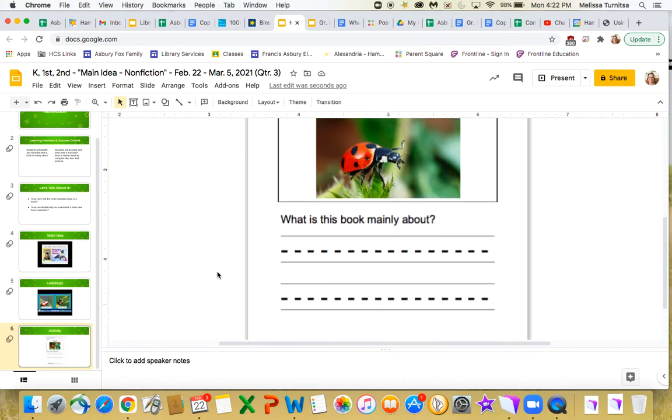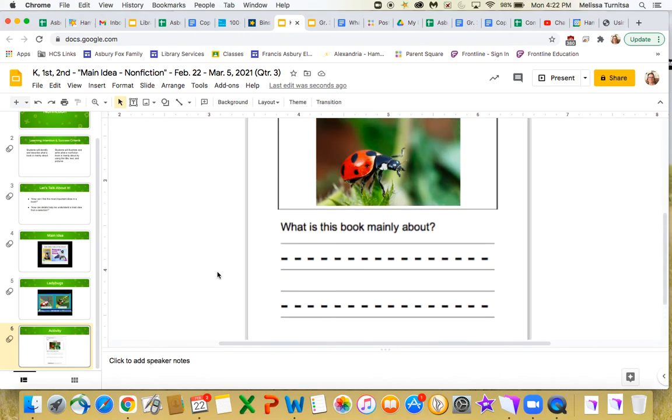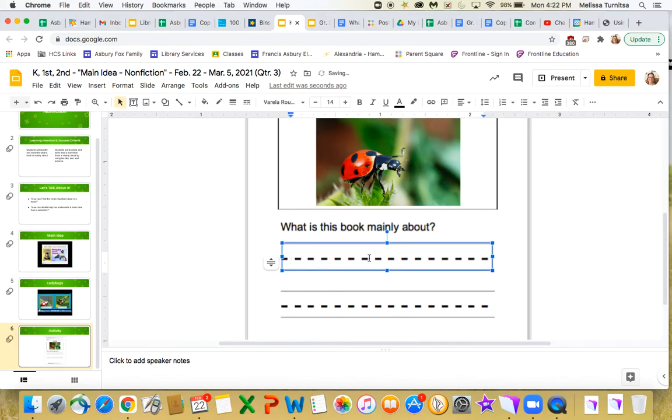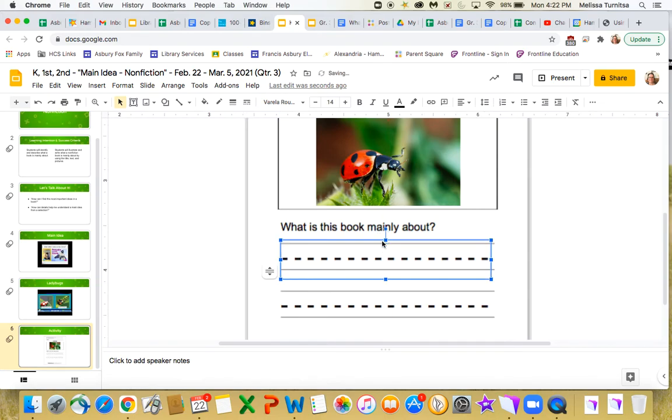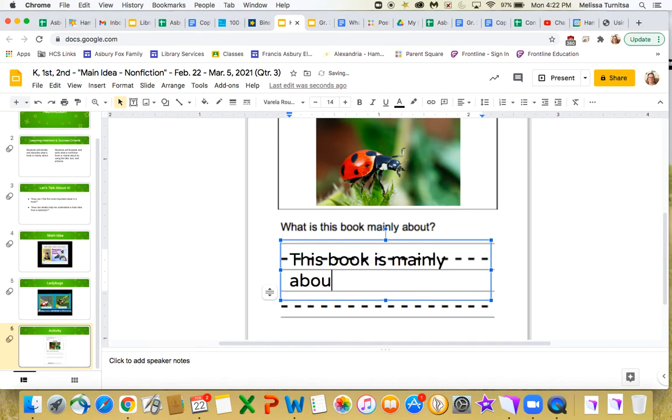And then I want you to write, what was this book mainly about? So Miss T is going to type in here what this book is mainly about, and then you guys can copy this on your paper or on the copy that you print. But we can say, this book is mainly about... okay, hold on just a second here.